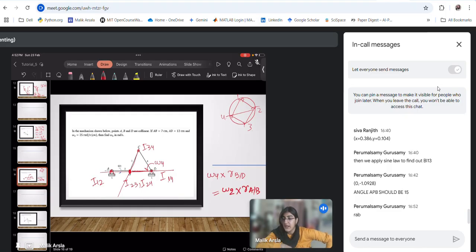Yes, rab, the omega of A with respect to B, and here the omega of D with respect to B. You have to just take care of the signs, otherwise also it was okay. You can write rbd, then here you have to write rba, and if you write rab, then here you can write rdb, the fixed point.